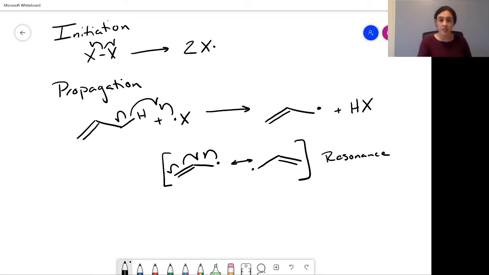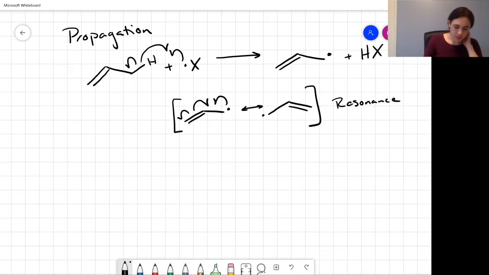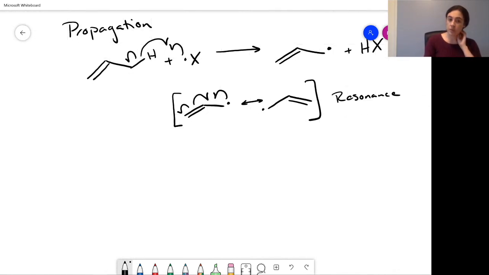So this is a resonance stabilized radical. That's why you're going to form it at the carbon adjacent to the carbon double bond. All right, so that gives you your selectivity. Again, where you form the radical indicates where you are likely to halogenate. And we'll go over that in a little bit.